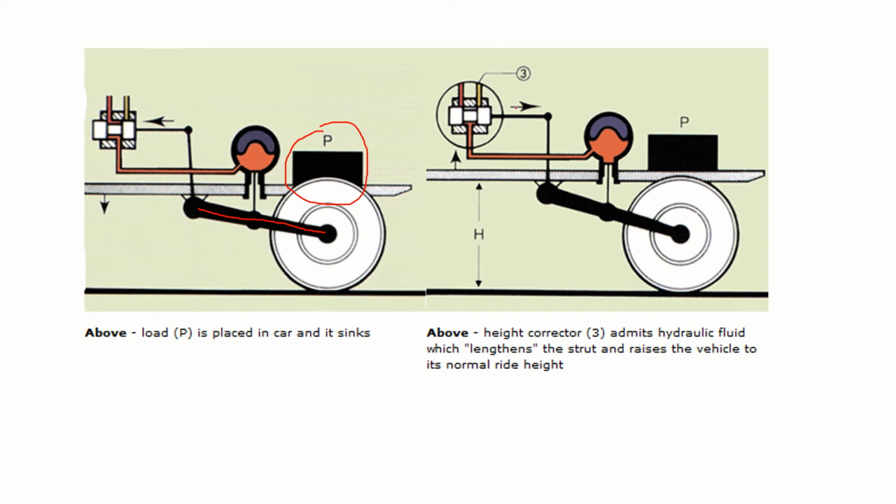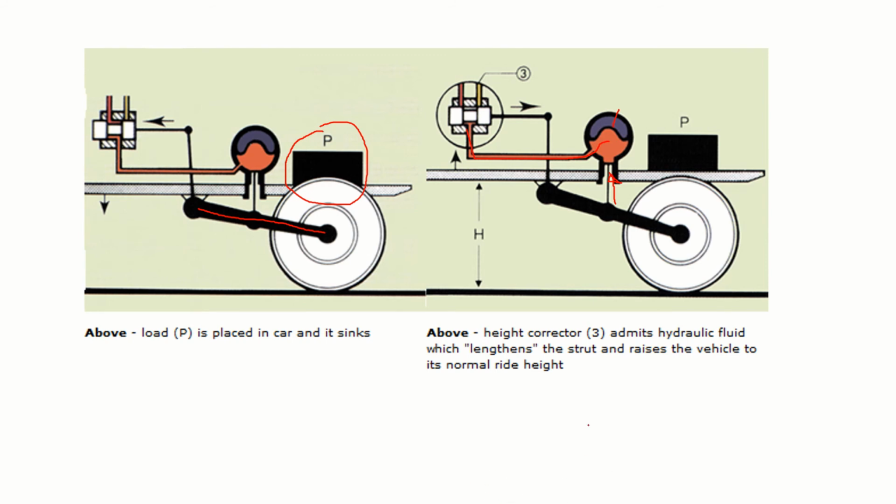So here now the question is, it has to be made less hard like this. So you can see here it is going up. The moment I reduce the oil pressure over here, it will go up like this. I think I explained it the wrong way.